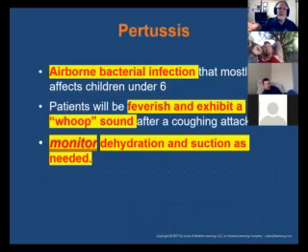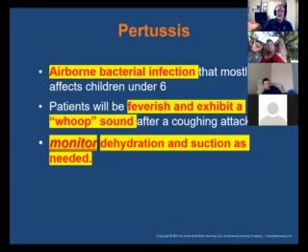Pertussis, whooping cough. It's an airborne bacterial infection that, off the top of my head, I think almost all of you guys are immunized against, or I haven't seen your shot record, so I don't know yet. So why did I have to get this? That dang thing right here, it says mostly affects children under 6.